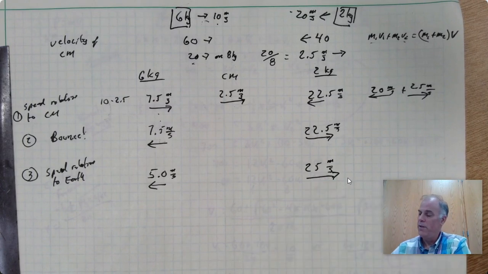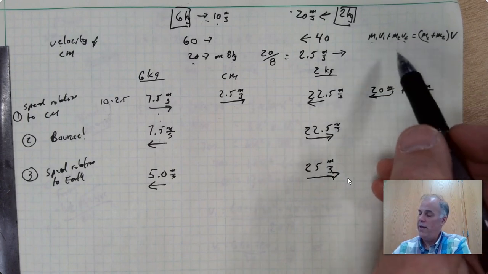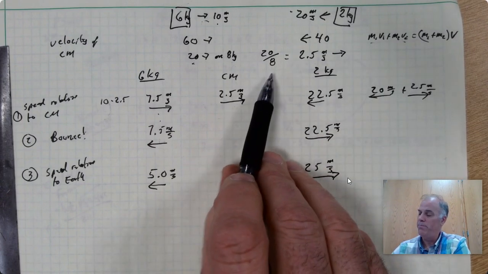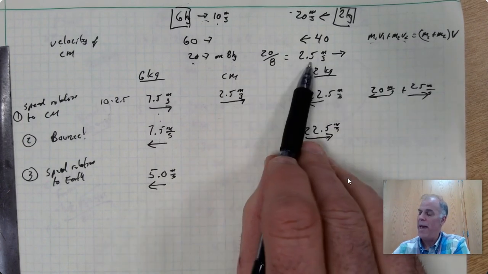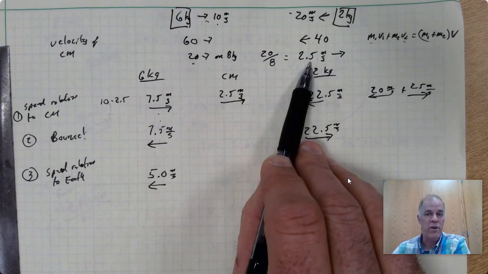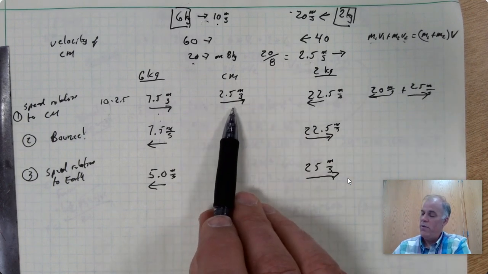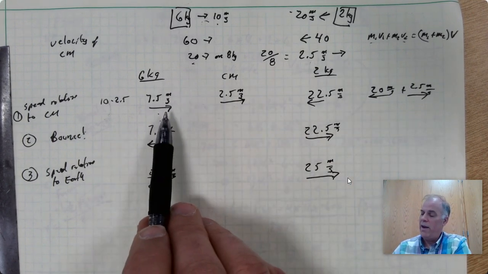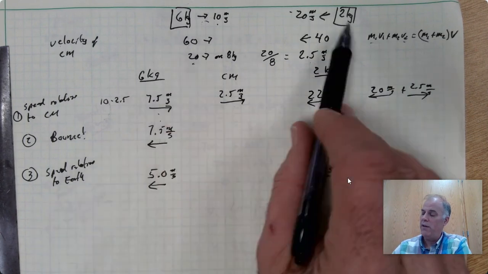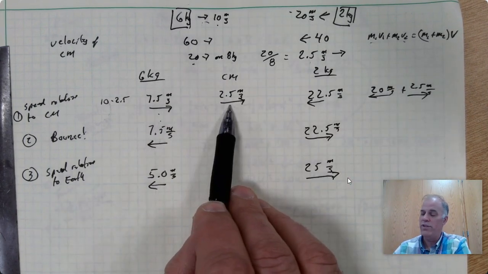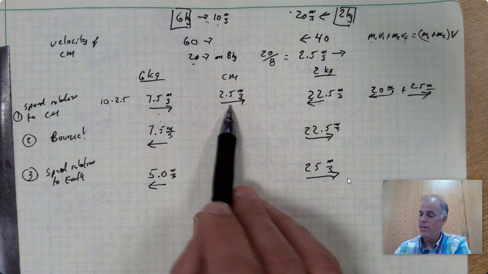Okay? So to catch up to where we are, we do a calculation to find the velocity of the center of mass, and that's just the straight inelastic collision calculation that we've done all the time. Then we figure out the speed of our two carts relative to the center of mass.